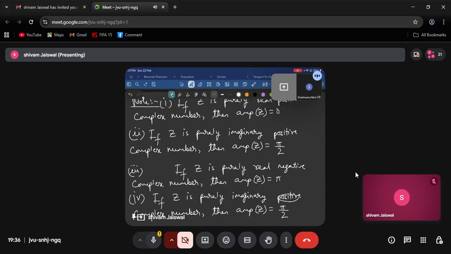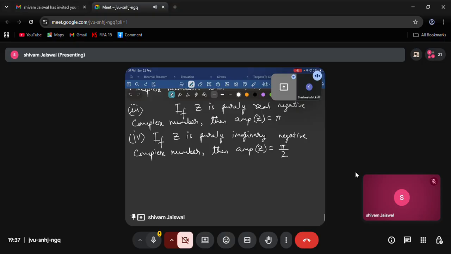These are very simple. If you people are having any problem, let me know. There are a few more points I needed to write. Till now, anyone having any doubt? No, sir. Yes, right, minus pi by 2.